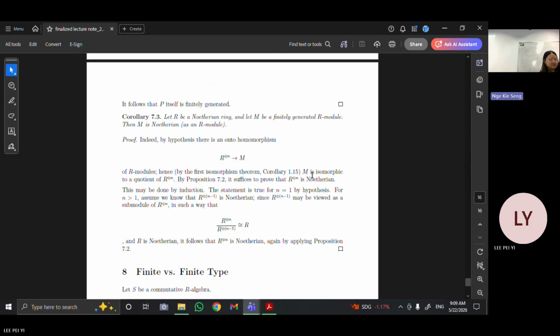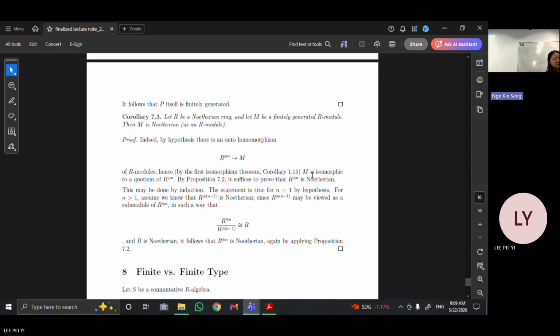And the next corollary, we let R be a Noetherian ring and let M be a finitely generated R module. Then M is Noetherian. And we also have some proof.